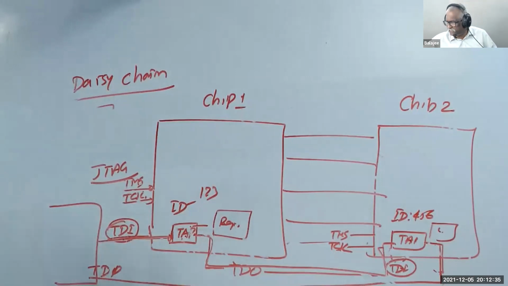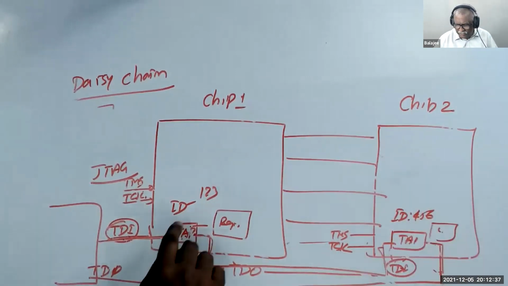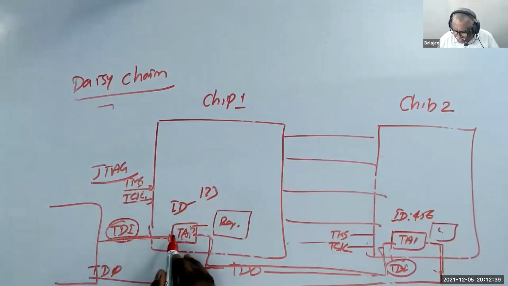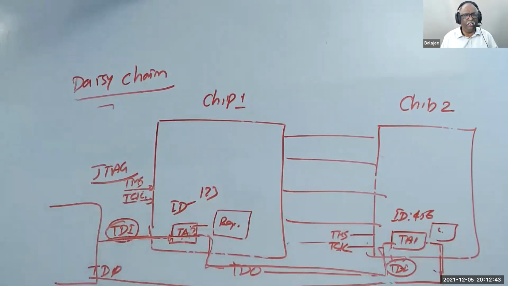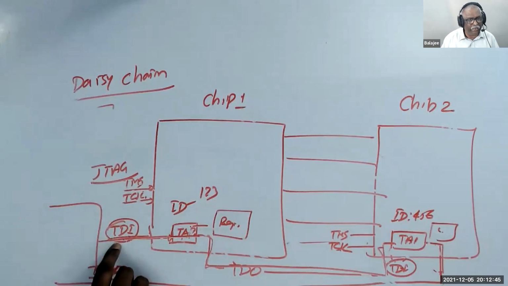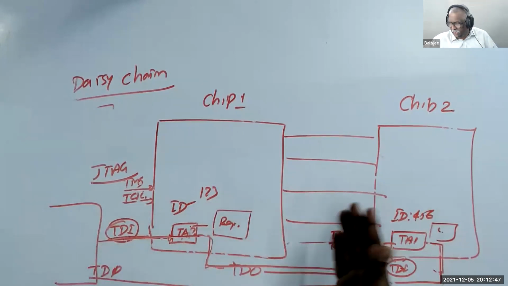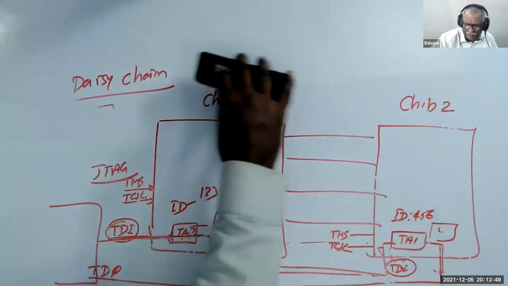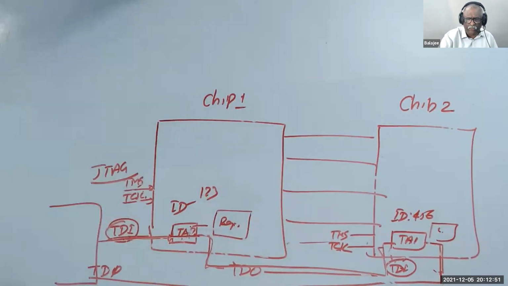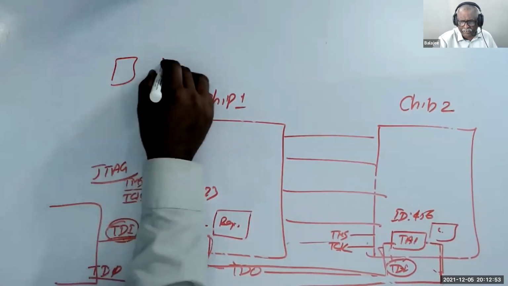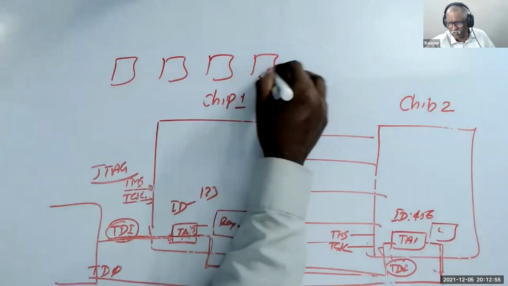Let us say I want to access this chip. I will tell the other one to go bypass, and whatever it gets, it will pass on to the next one. That means using one wire, not only two chips, I can have n number of chips like this. Please understand, this is all general knowledge. This is the JTAG DAISY chain.